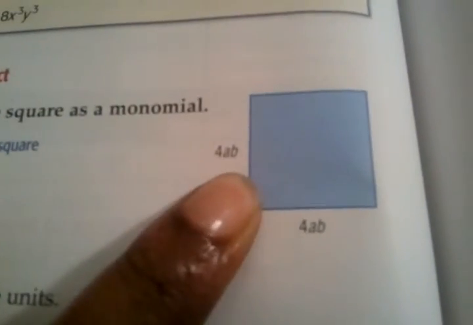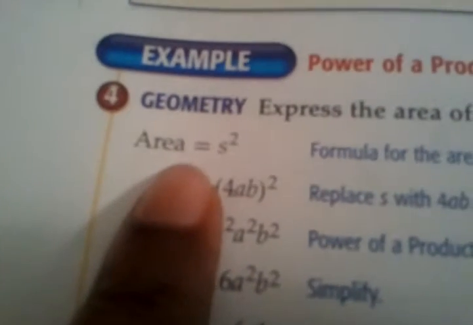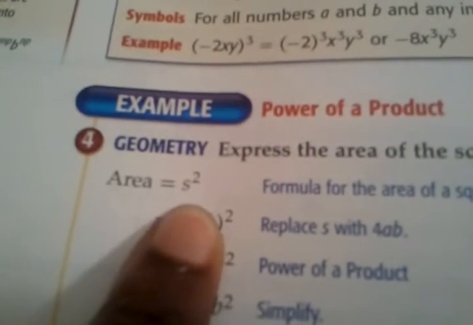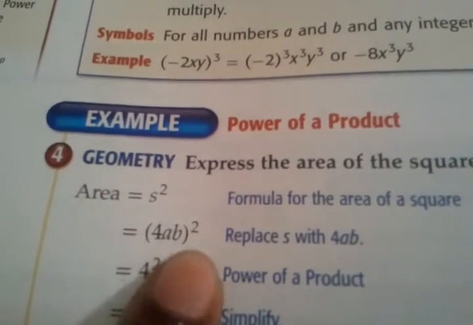If we take a look at the actual square on page 360, we see that one side of the square is 4AB and the other side of the square is 4AB. They gave us a formula that the area of a square is S squared. So that means you got to take 4AB and square it.